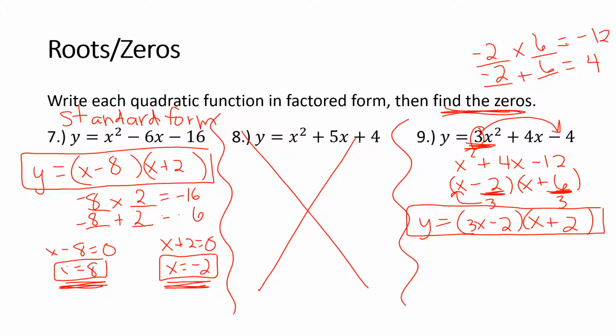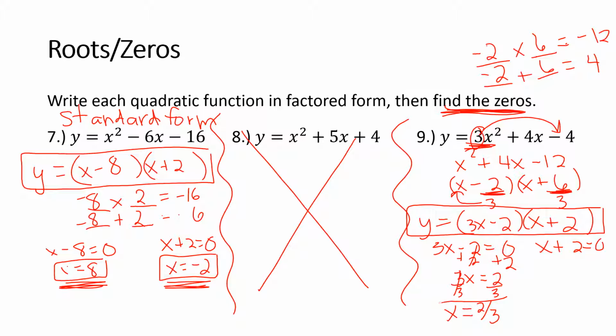We also want to go back and find the zeros, so all we do is set those factors equal to 0. So to solve for x, I would add 2. That gives me 3x equals 2, and then divide by 3. So one of my zeros is at 2/3.